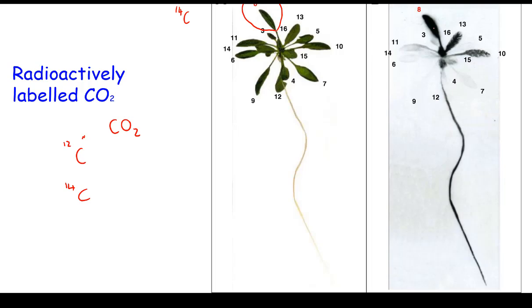Now, you can see here that lots of the sucrose has been transferred into this leaf, which is quite close to it, but also a lot of it has gone down the stem, which probably means that the sucrose has been transported downwards so that it can be stored.